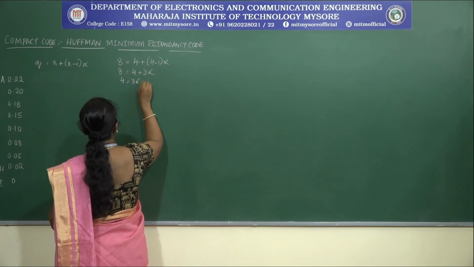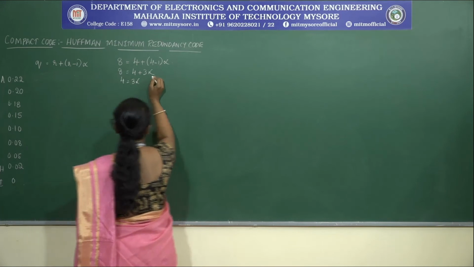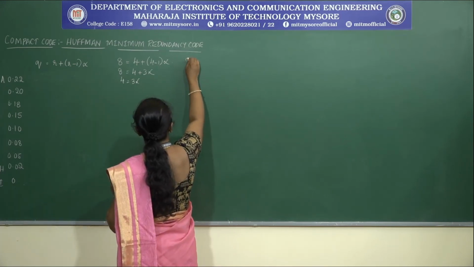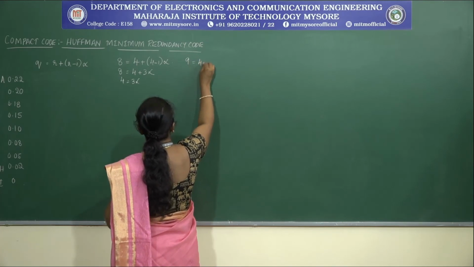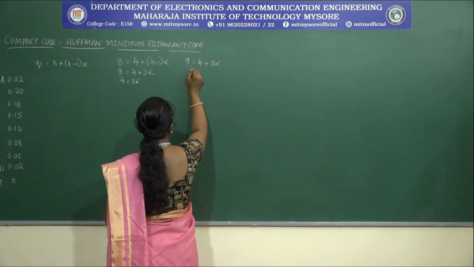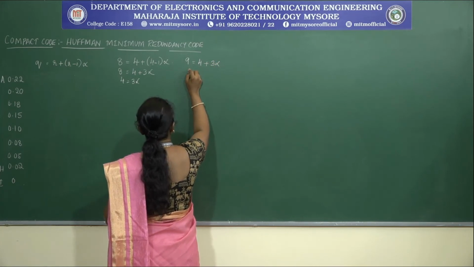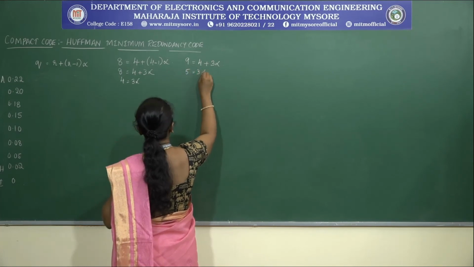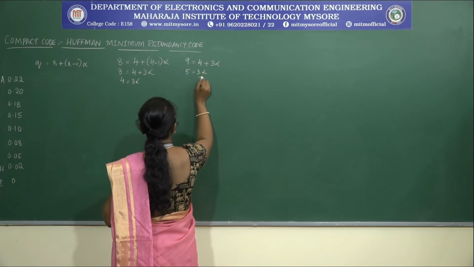So we will be getting a fractional value. Let us go for the next one. Make the source symbols 9. So it is 4 plus 3 alpha. So 9 minus 4 means we get 5 is equal to 3 alpha. So this is also a fractional value.